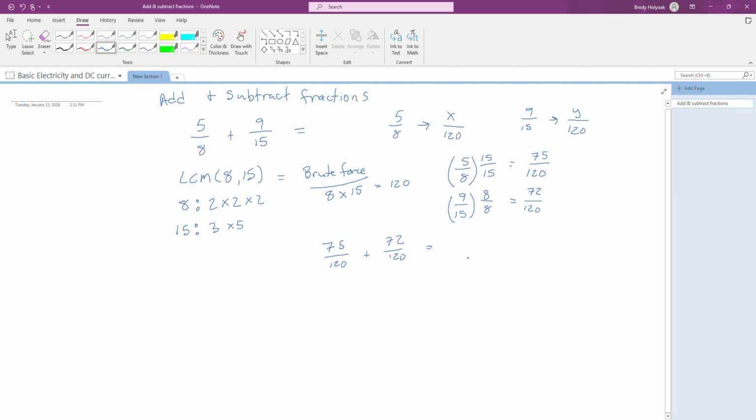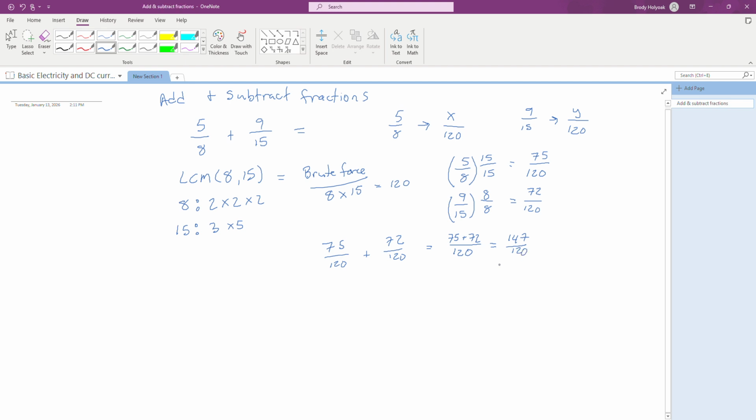So what happens on this is our denominator is going to remain the same. 120 plus 120 in our fractions for the denominators is the same as a final answer of 120 in the denominator. On the top, however, we're going to take the 75 and add the 72. And then we perform the operation. So we're going to get 147 out of 120.